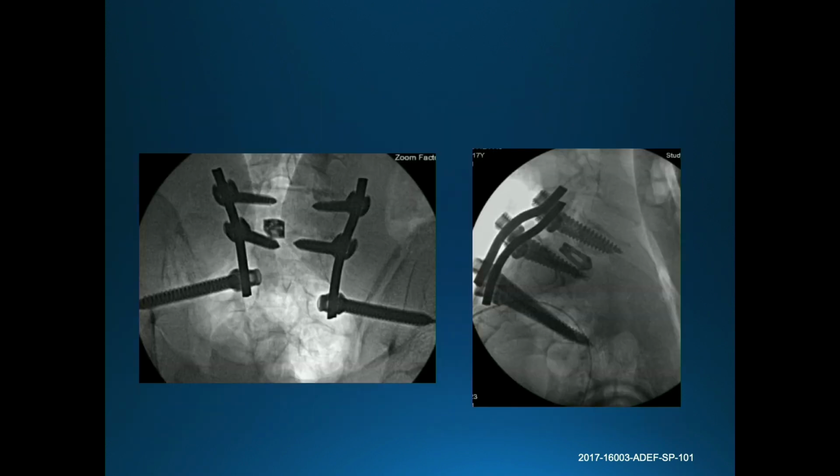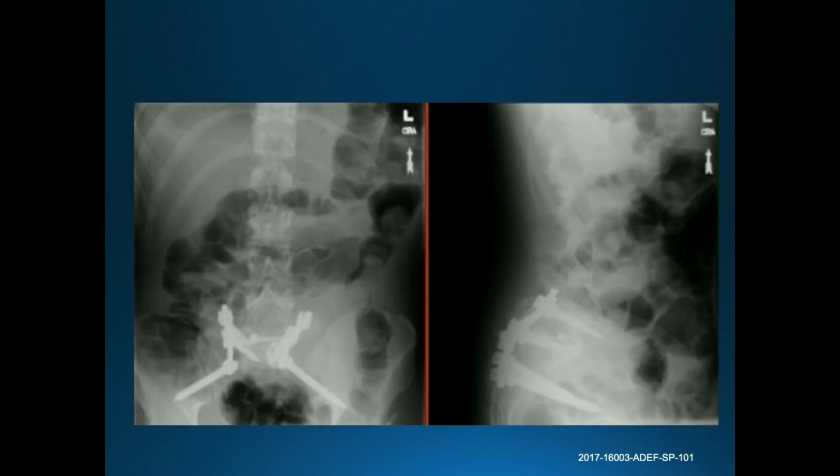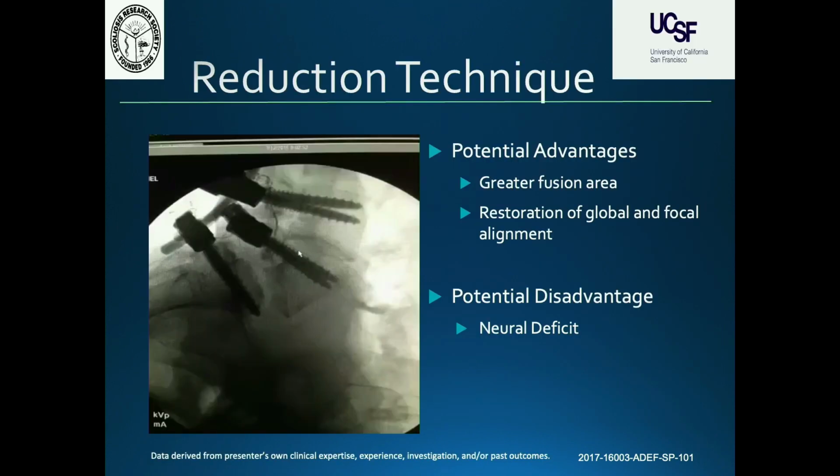And this is where I could get it less than a grade 1, or certainly less than a grade 2. I think a T-lift is a very nice way to get a circumferential fusion there. And again, you notice the presence of robust pelvic fixation here. So when I get this well reduced, I think that's a nice opportunity to put in an interbody from the back. Here's a video. Let me see if I can, would you help me to play that?